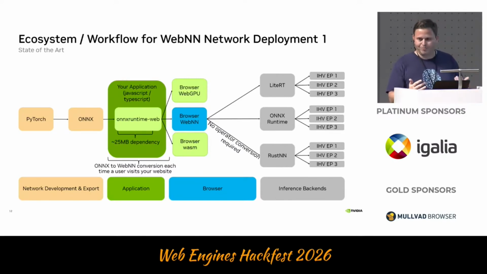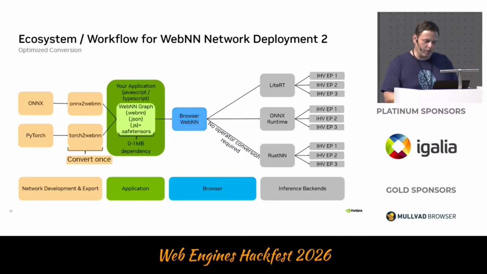And you're not sure that everything will work fine in WebNN directly, or maybe there's a CPU fallback because ONNX likes to do CPU fallbacks. And then ONNX Runtime Web will either go to WebNN or WebGPU or WASM, depending on a configuration. And from there, it goes to inference backends, depending on which platform you are.